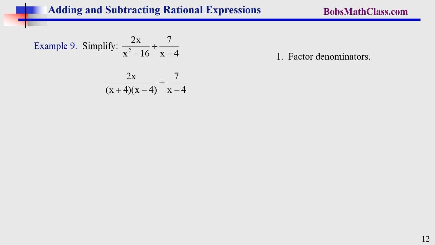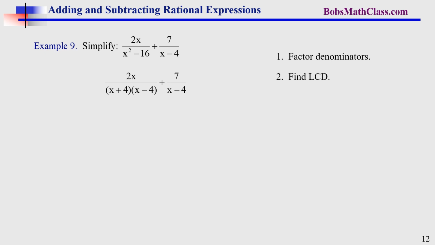Okay, now we need to find our LCD. We want our denominators to match. Does the first fraction have anything that the second fraction has? No, the second fraction is an x minus 4. We have that. The first fraction has that, right? Remember, we're trying to make the denominators match. You're giving each denominator what it needs to make it match the other.